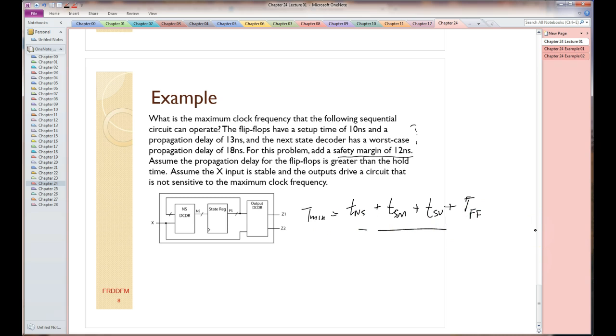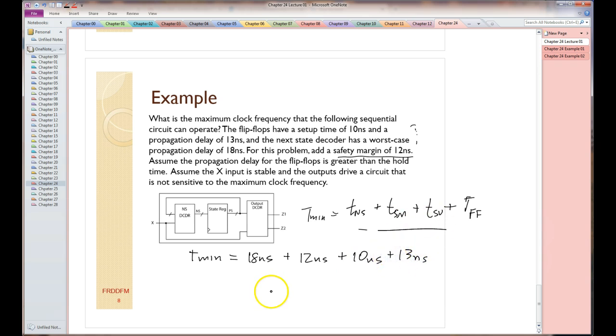I'm going to sum those up here. So Tmin equals T next state, find this up here, 18 nanoseconds. The safety margin is 12 nanoseconds. The setup time, 10 nanoseconds. The prop delay through the flip-flop is 13 nanoseconds.